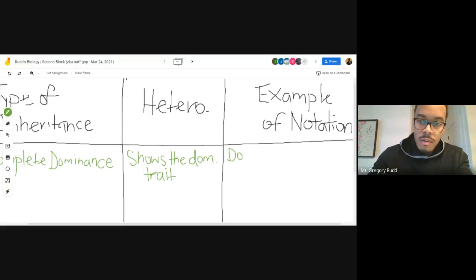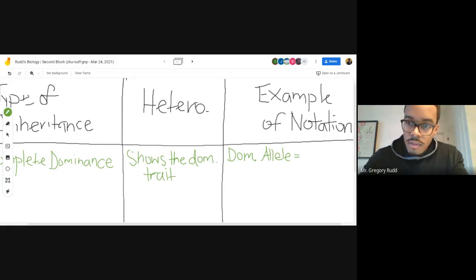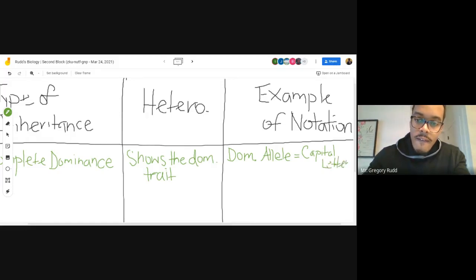Rudy, how do we write the dominant allele typically? What do we use to represent the dominant allele? A capital letter, good. And therefore, the recessive allele, we use a lowercase letter.